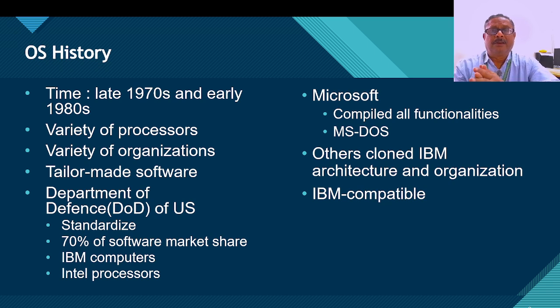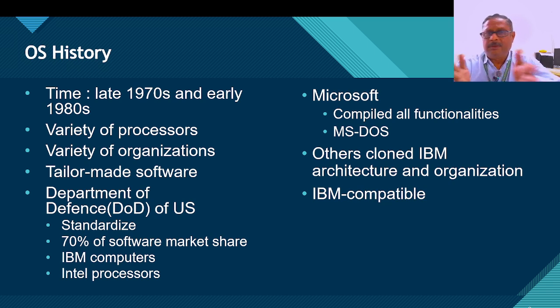Then they started selling their systems with a label called IBM compatible, claiming that whatever an IBM computer can do, our system can also do, so you can happily use MS-DOS for your operations on our system. That way, IBM became a standard, and because of IBM, Intel became a standard in those days.